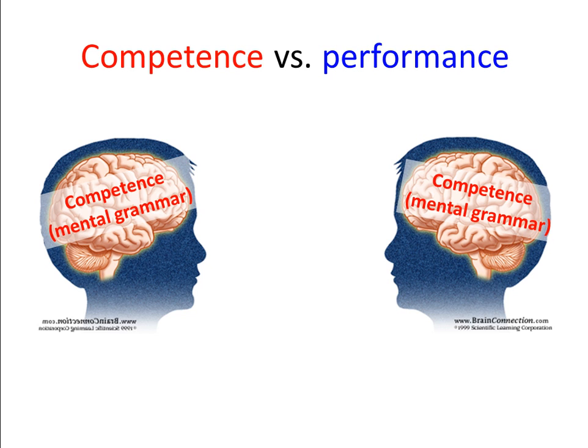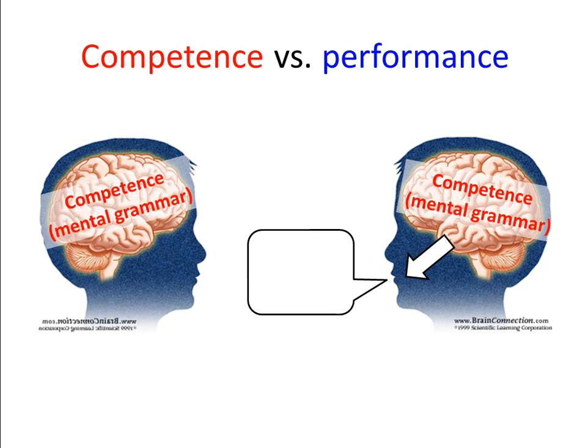We have our own mental grammar in our brains, and we call this thing competence. If you can speak any kind of language, you have it. You have this thing in your brain.